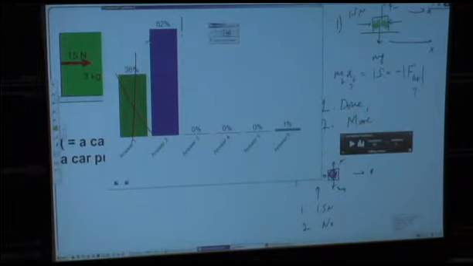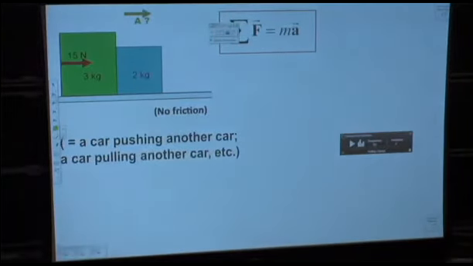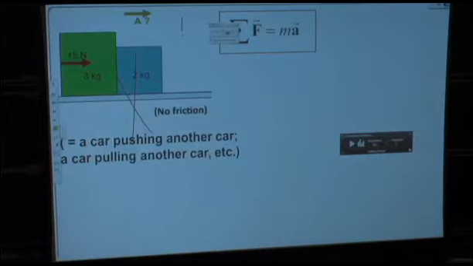You should ask yourself every time, is this object touching that object? If the answer is yes, well, that object does exert a force. If the answer is no, that object does not exert a force. So, is the hand touching the blue box?